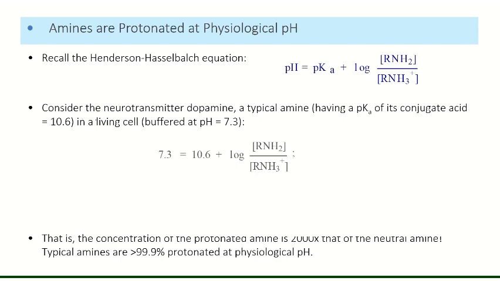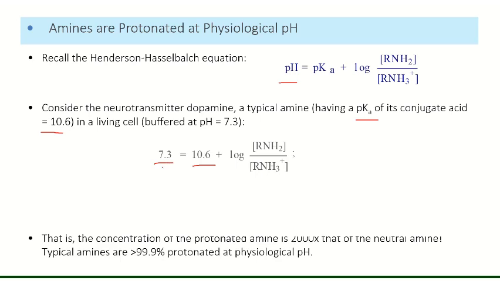When we look at the neurotransmitter dopamine, which has a pKa of 10.6, we can add 10.6, and the pH in this buffer is 7.3. In a living cell, it's buffered at 7.3. You can imagine a buffer with some hydrogen phosphates or some carbonates, but usually phosphates.